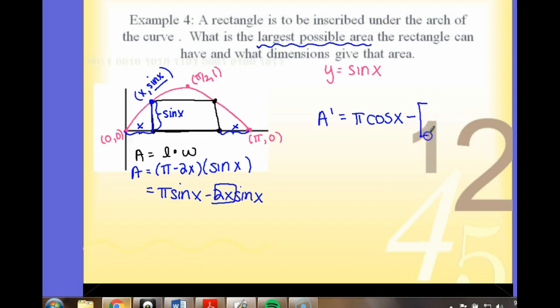So you have to do the first times the derivative of the second plus the second times the derivative of the first, and then that negative distributes to both. That's the trick. It's not that we mess up the derivative, it's that we lose our negative. So you get pi cosine x minus 2x cosine x minus 2 sine x.